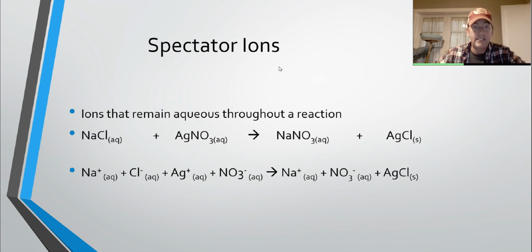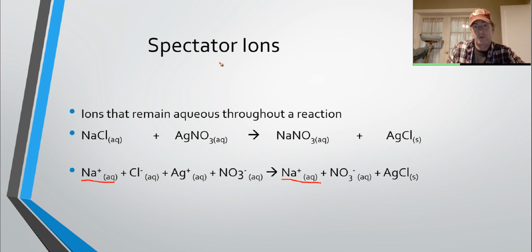Now, when we talk about this, we need to talk about spectator ions. Spectator ions are ions that remain aqueous throughout the reaction. So, as we look at our main reaction here and think back on it, take sodium, for instance. Sodium is aqueous here, and sodium is also aqueous on the other side. So it hasn't done anything.